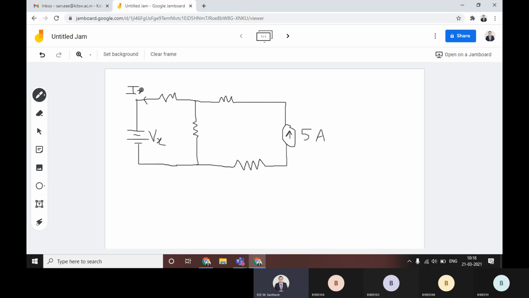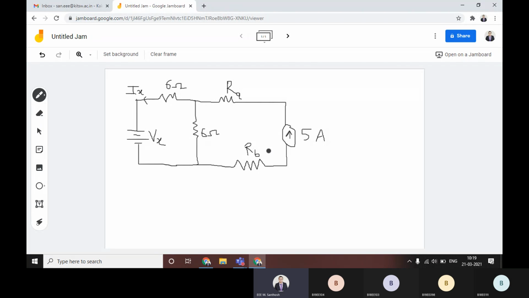It is Ix, and this one is 6 ohm, and this is also 6 ohm, and this is Ra, and this one is Rb. Is it okay?